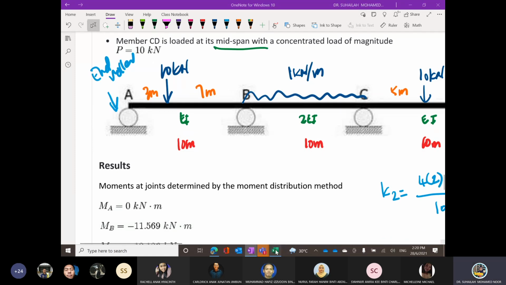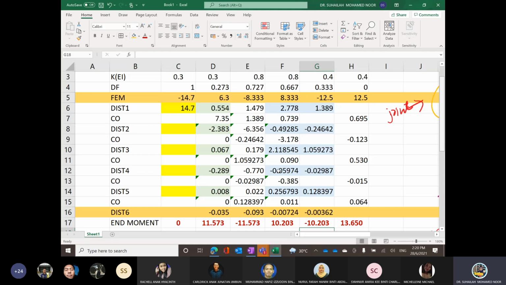The same process. If D is pin, then only the moment at D will equal to 0. But in this example, D is fixed. A is a roller, so we will get the moment at A equivalent to 0. Moment at B total is 0. Moment at C equal to 0, and D is end fixed.